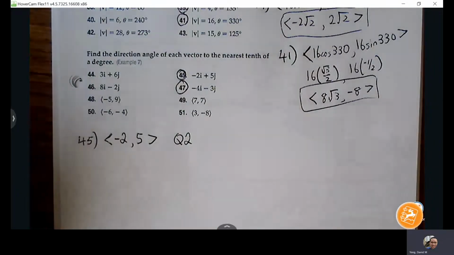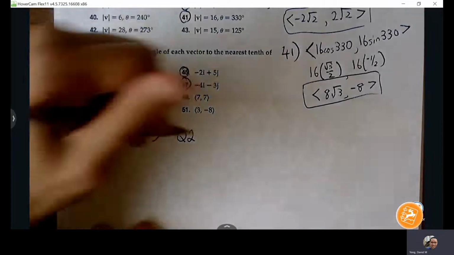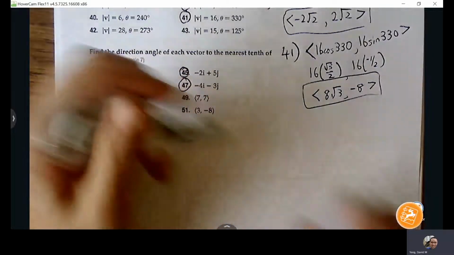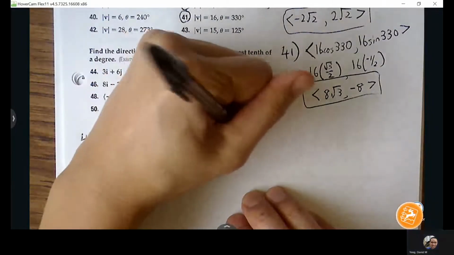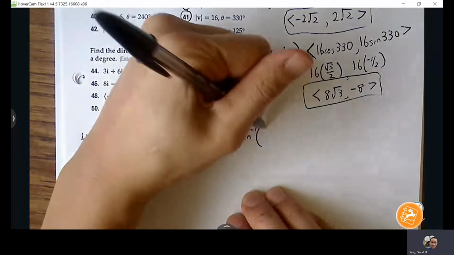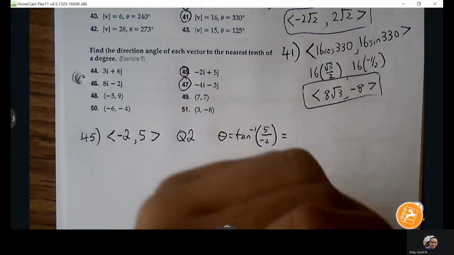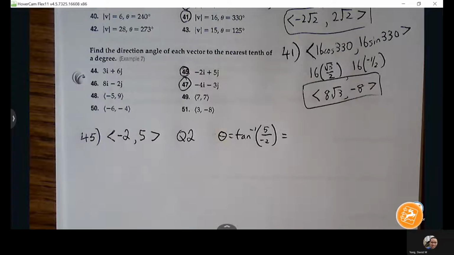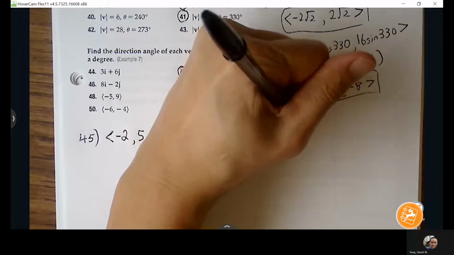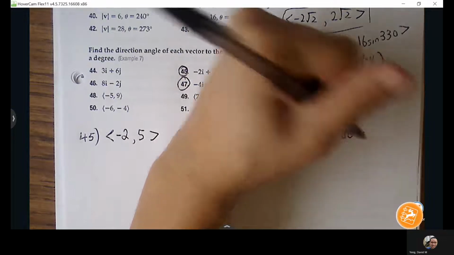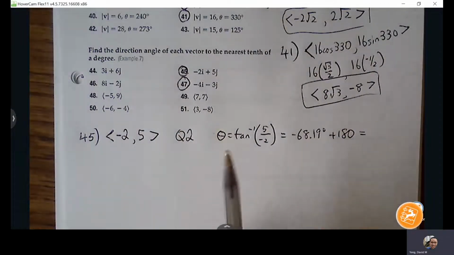So you know you got to involve 180 once you find your reference angle, right? Okay, you're looking for an angle measure between 90 and 180. This will do it for us.